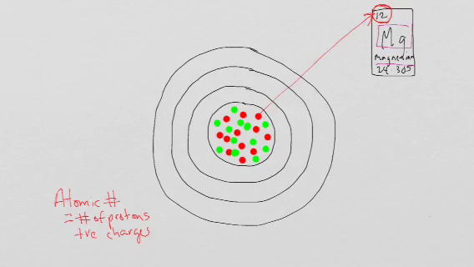And here's the cool thing about an atom. The number of protons in an atom will always equal the number of electrons in that atom. If I've got 5 protons, I will have 5 electrons. The 5 plus charges will be neutralized by the 5 negative charges of the electrons.